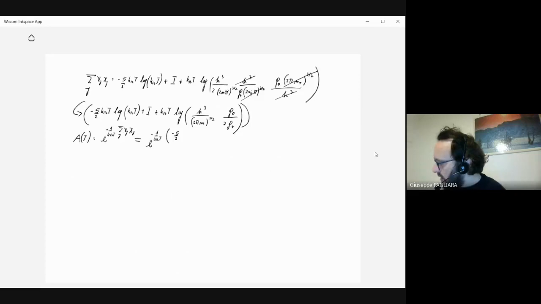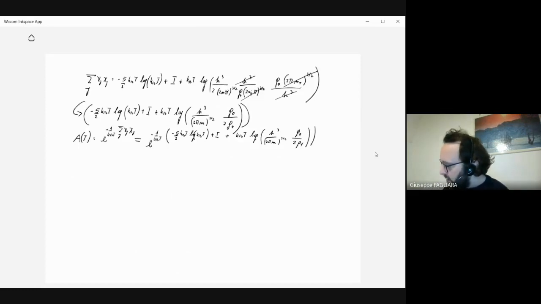Here I have a minus 5 half kBt log of kBt plus I plus kBt log of h cubed over 2 pi m to the power of 3 half and G0 divided by 2G plus. And that's it. Now let me see if I've done the calculation correctly.